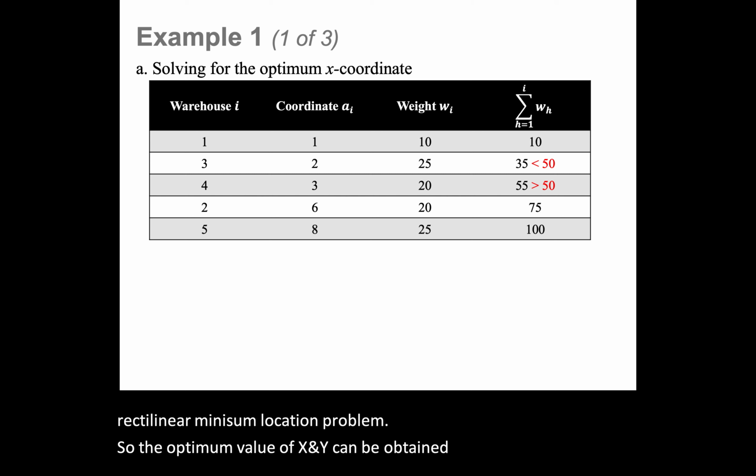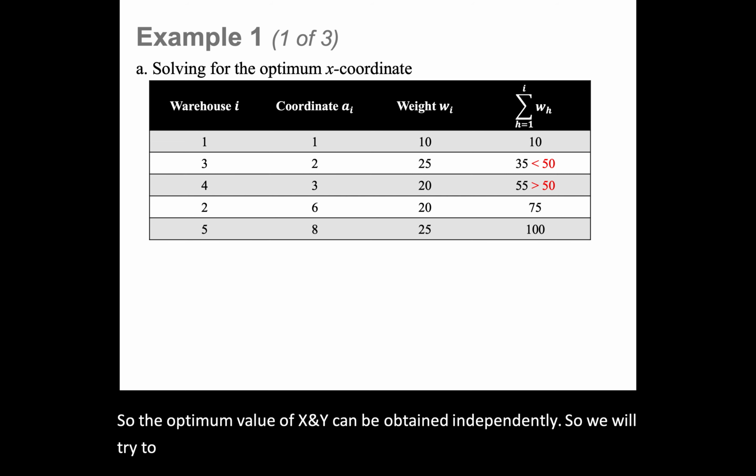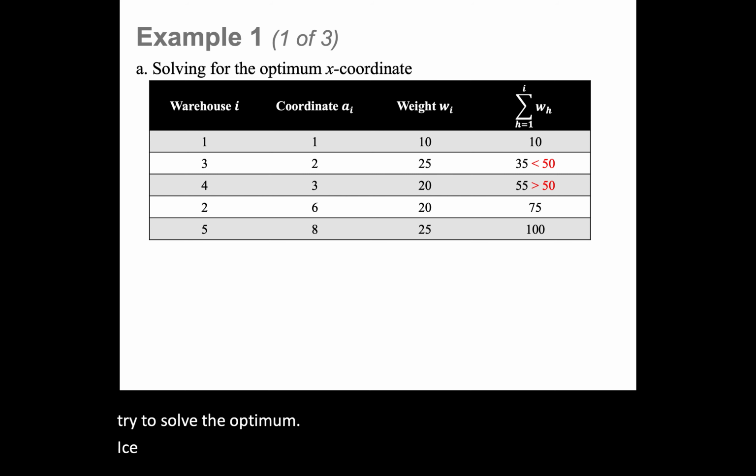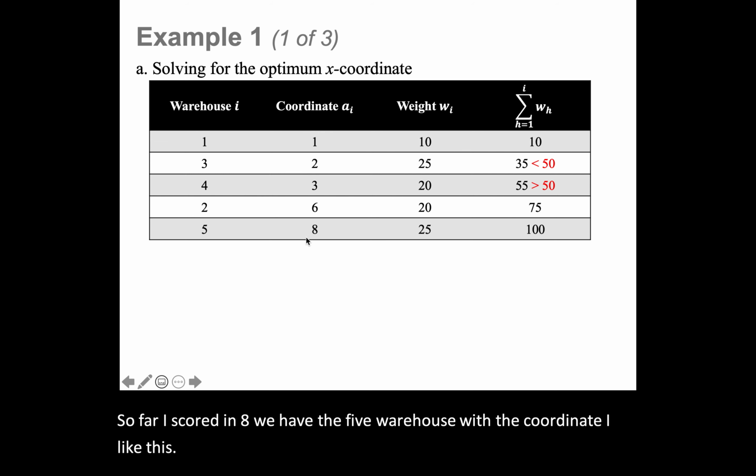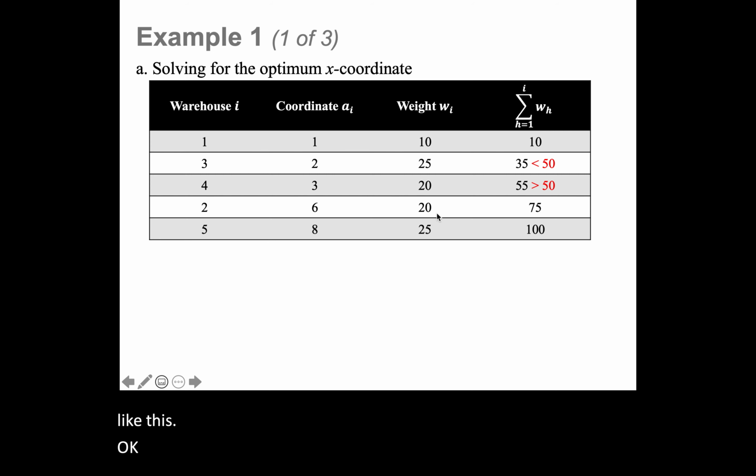So we will try to solve the optimum x coordinate first, okay? So for x coordinate, we have the 5 warehouses with the coordinate ai like this, okay? And with the according weight like this.